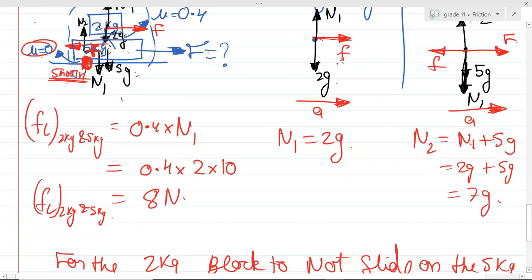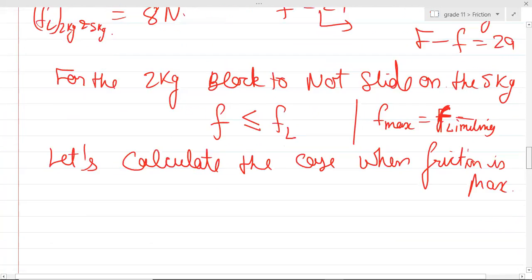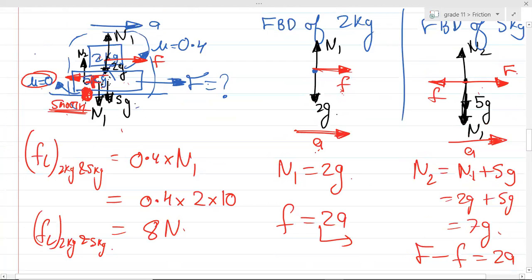This friction f will be providing you twice of a. Will this be the equation for the 2 kg block? This friction is providing the acceleration to it. And here it will be capital F minus small f is equal to 5a.